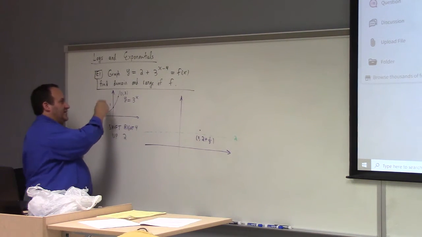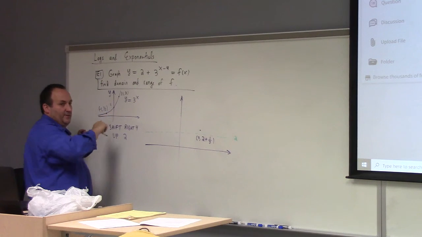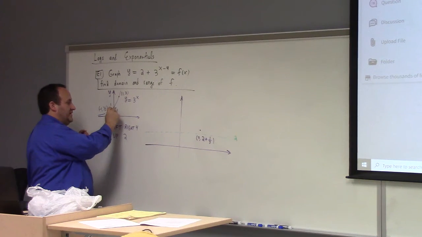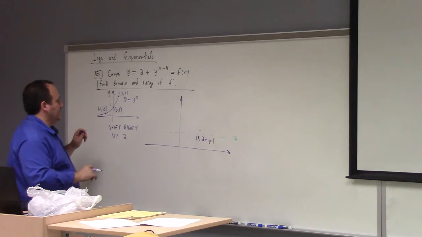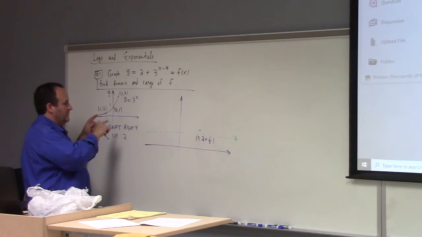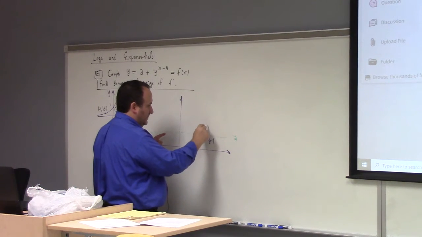And the y-intercept of the original graph transforms to, you move over 4 and up 2, right? So this was the point 0, 1, right? 0, 1 is going to map to, I go to 4, where? 4, not 2, but 3, right?